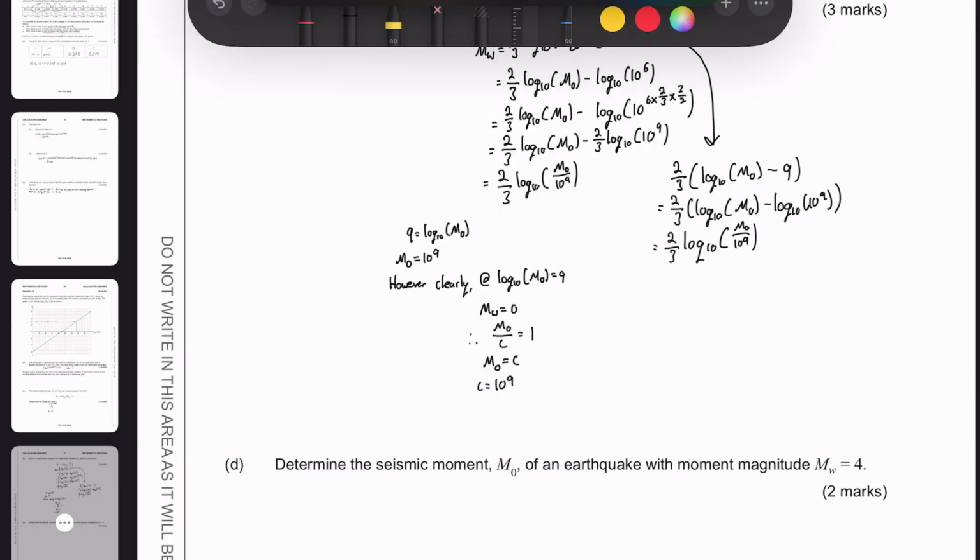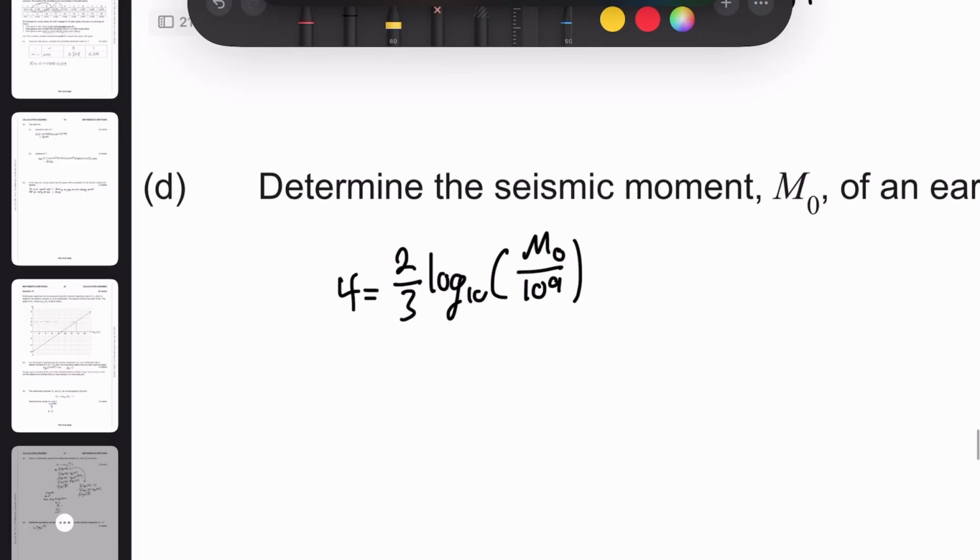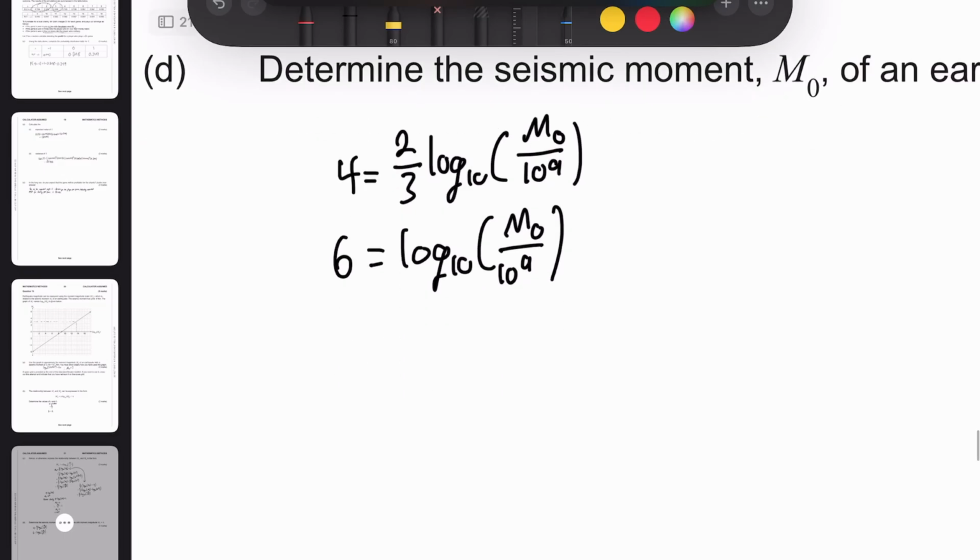Alright. Determine the seismic moment m0 of an earthquake of moment magnitude mw equals 4. So we have 4 is equal to 2 on 3 log 10 of m0 on 10 to the 9. This is going to be 6 is equal to log 10 of m0 over 10 to the 9. So then from here we can do 10 to the power 6 is equal to m0 over 10 to the 9, right?